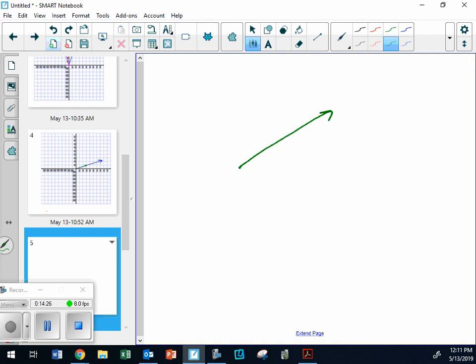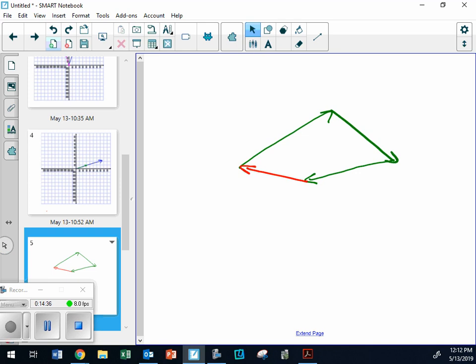All right, so the next part of it is, if I drew a picture, notice no backdrop of graph paper. Here's my question. What if I added up BC plus CD?